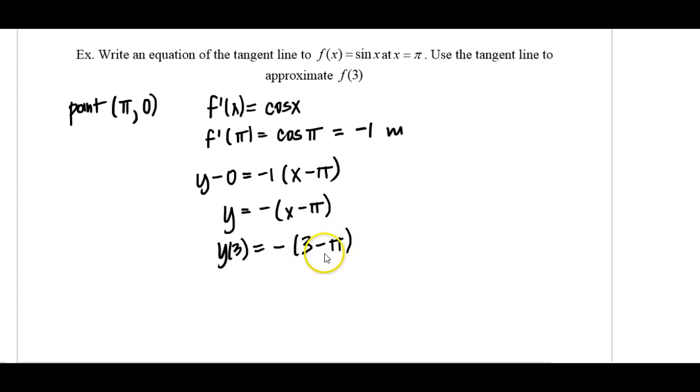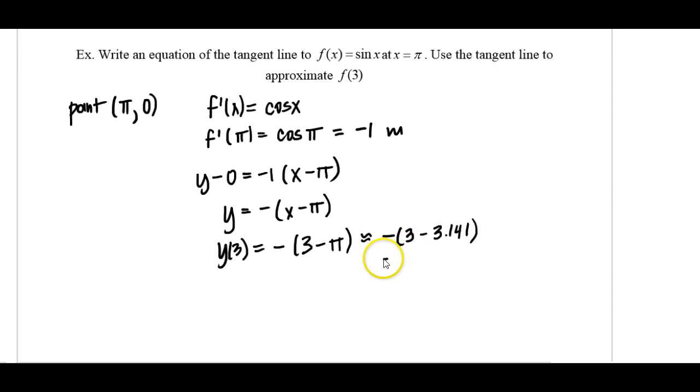Now, there's still some margin of error that's going to happen even further if I attempt to figure out a decimal approximation to this answer, because pi, of course, is irrational, goes on forever. So if I wanted to get a pretty good idea using a decimal of what y of 3 is, or ultimately what f of 3 is, I'm going to have to approximate pi. So in other words, I can keep going, and this would turn into an approximation because I'm about to use 3.14 for an approximation for pi. So negative 3 minus 3.14, I'll go to the thousandths place, so 3.141.